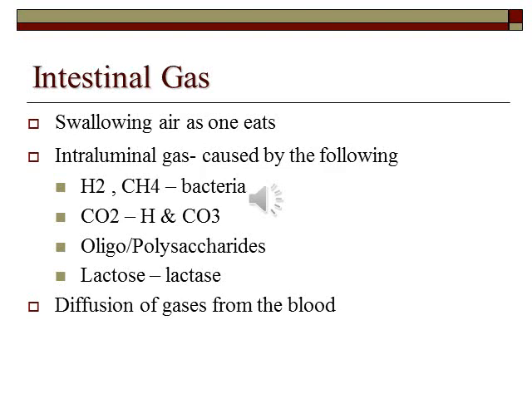There's the intraluminal gas, which can be produced by different types of foods that you eat and the formation of different gases through bacteria. There are all different types of things that could increase the gas, and I have some of those causes listed here. And then just the diffusion of gases through the blood flow.